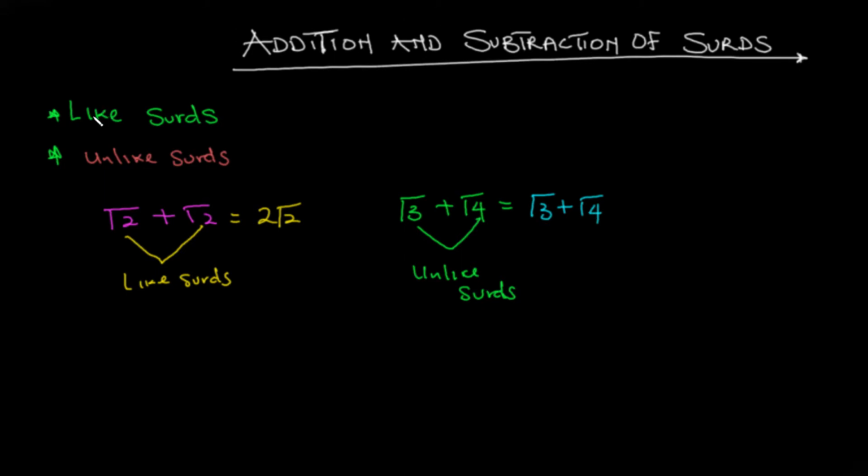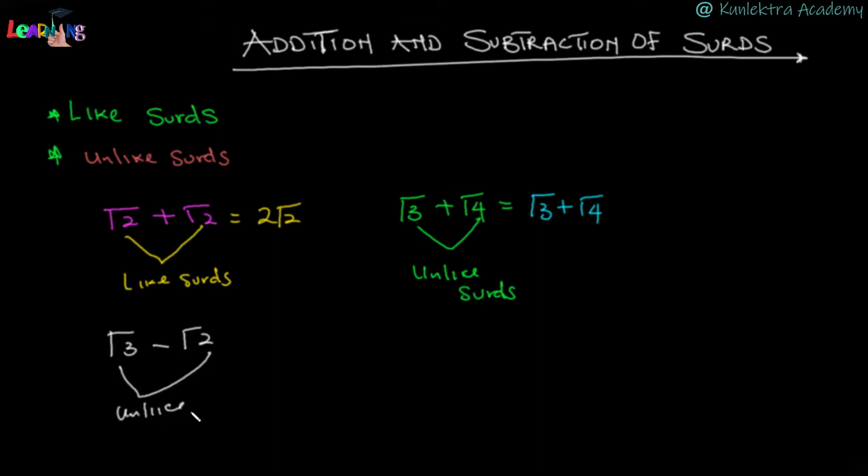And this also goes for negatives. When you have your sign to be negative, such as root 3 minus root 2, these are unlike surds, and they cannot be added or subtracted. Your equivalent will be root 3 minus root 2.